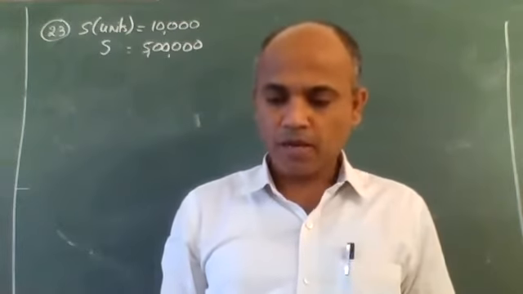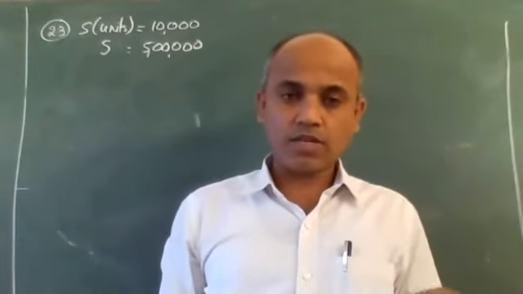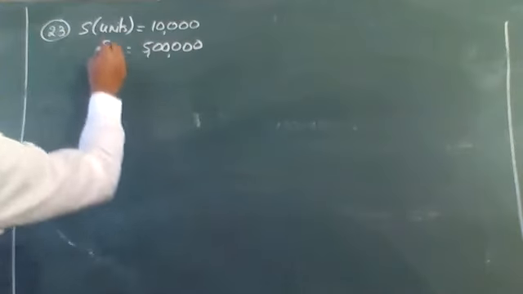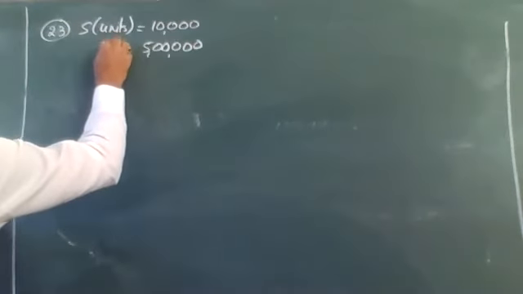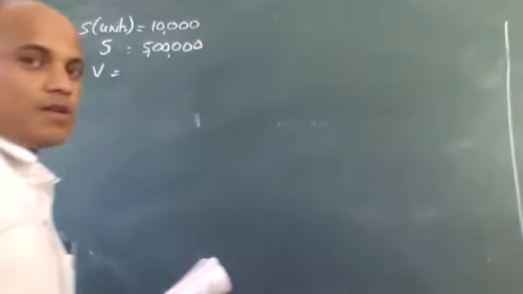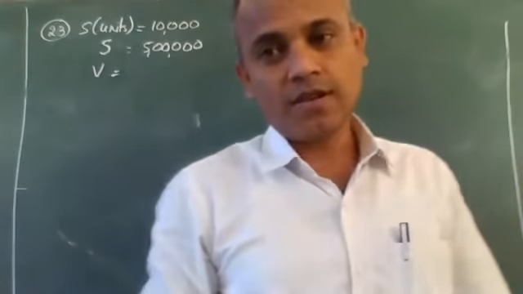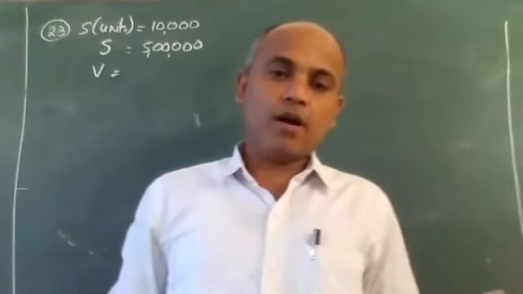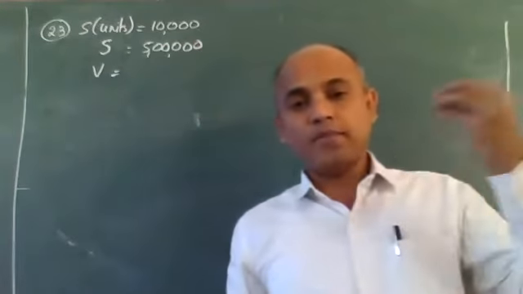Can anyone tell me what this 1,60,000 is? What cost it is for us? Any answers? It is variable cost. If you remember, material and labor are basically part of prime cost.